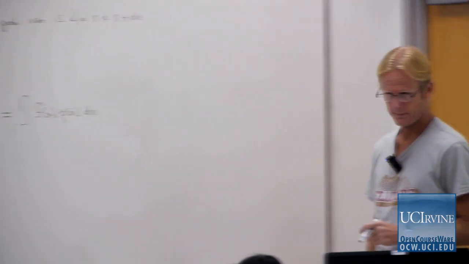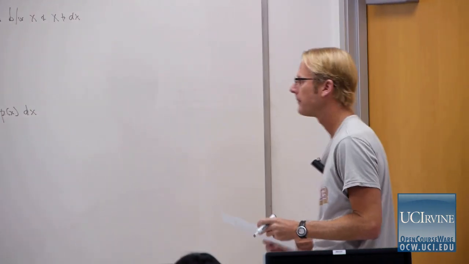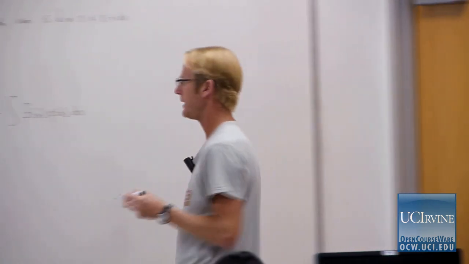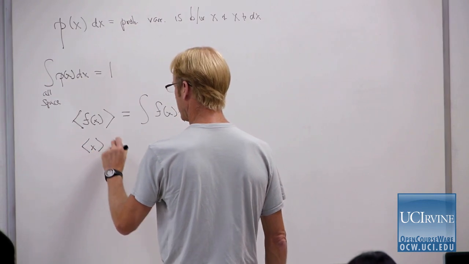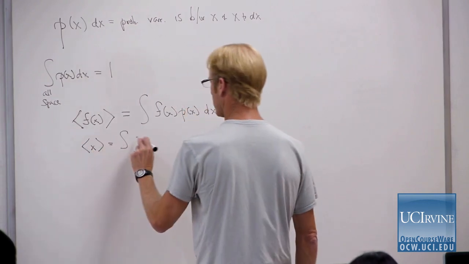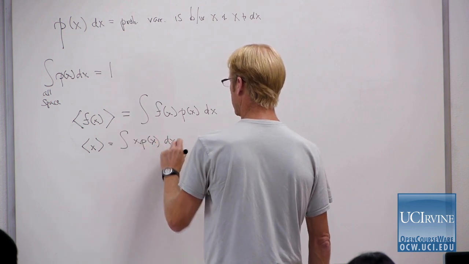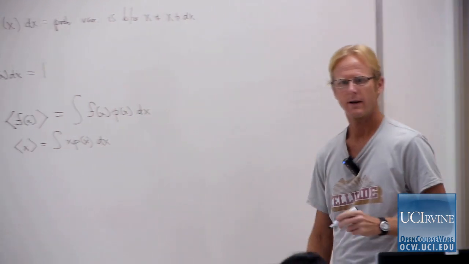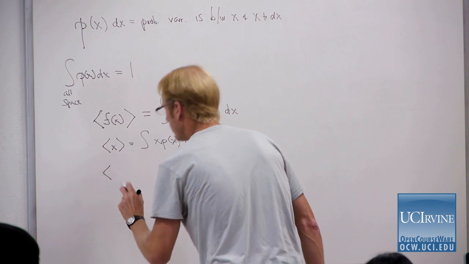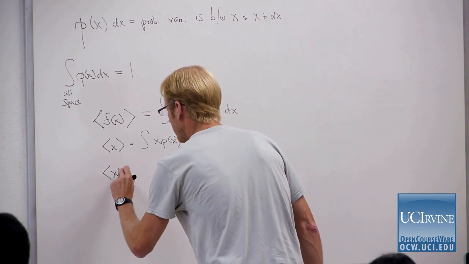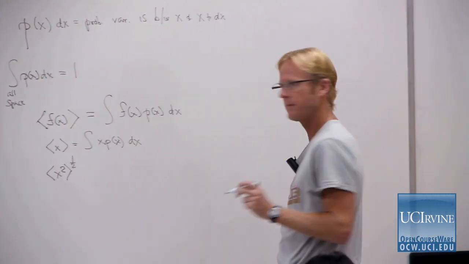Okay? So this can be any function of x. So for example, the mean value of x would be just the integral of x times P of x dx. And a quantity that we might call the RMS value, root mean squared, that's defined as the square root of the average of x squared.